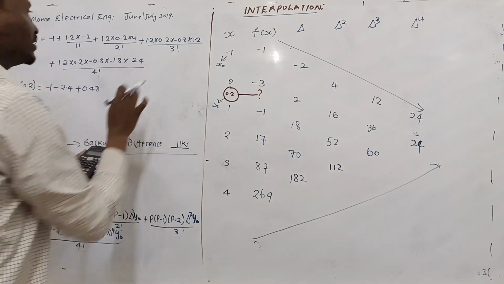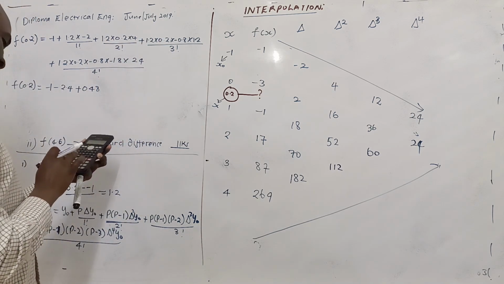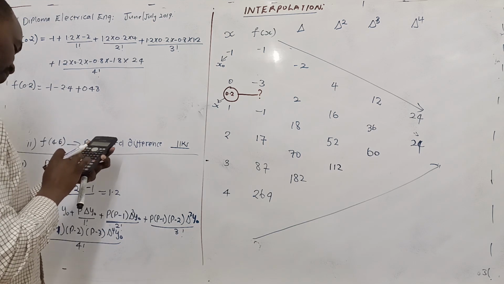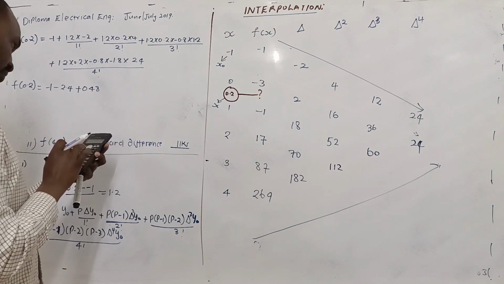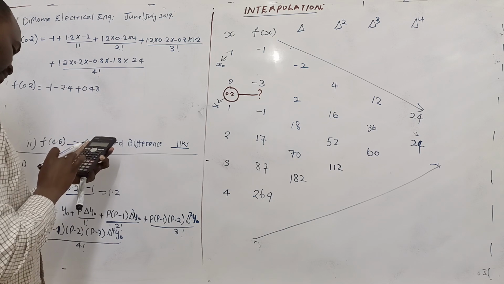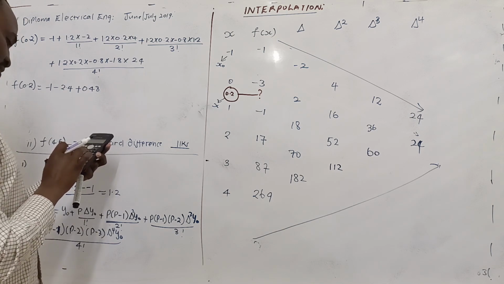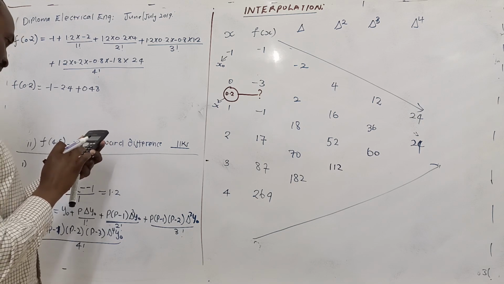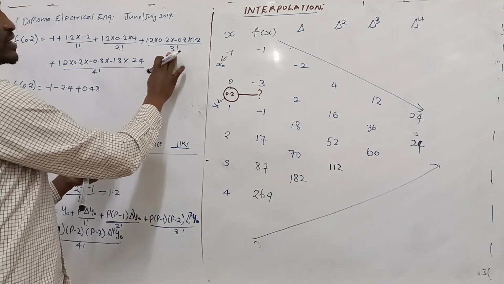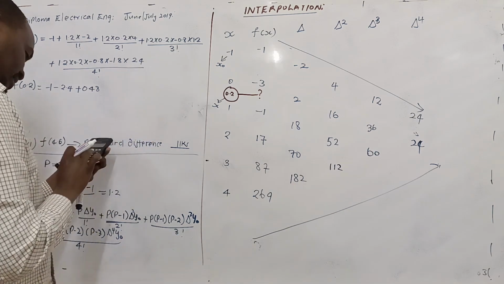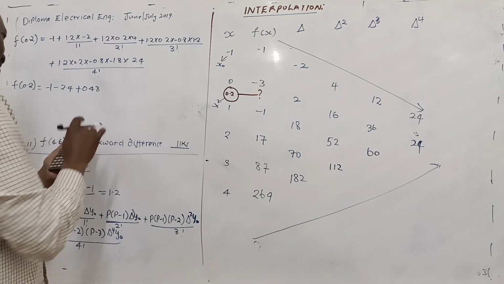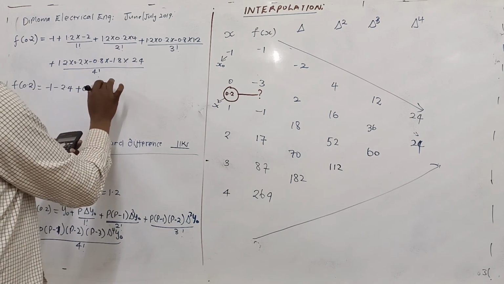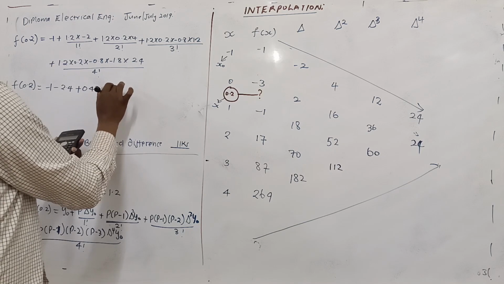And then this one is 1.2 times 0.2 times negative 0.8 times 12, 3 factorial is 6, divided by 6, is negative 0.384.